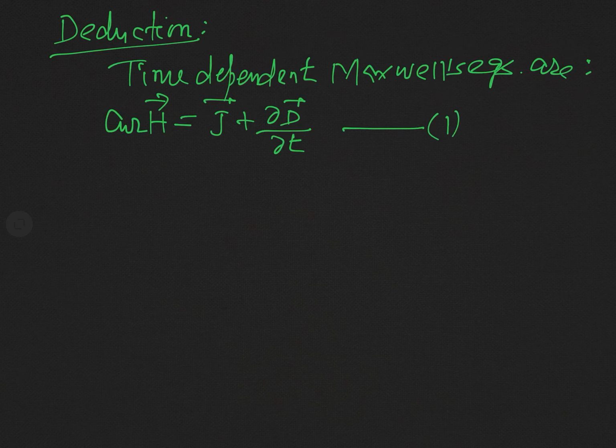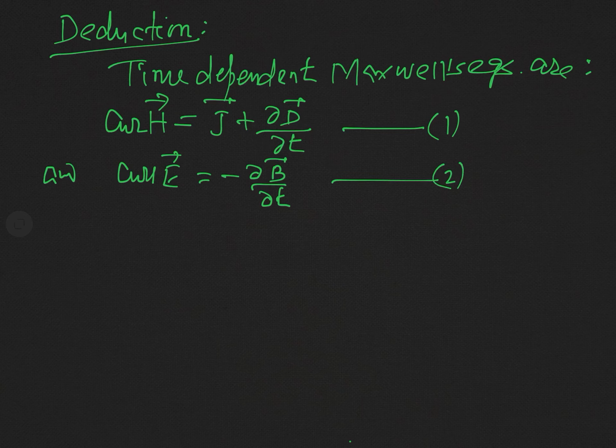You know this del D by del t is actually the displacement current density. Let us say this is equation 1. And the other time dependent equation of Maxwell is curl of E equals minus del B by del t.